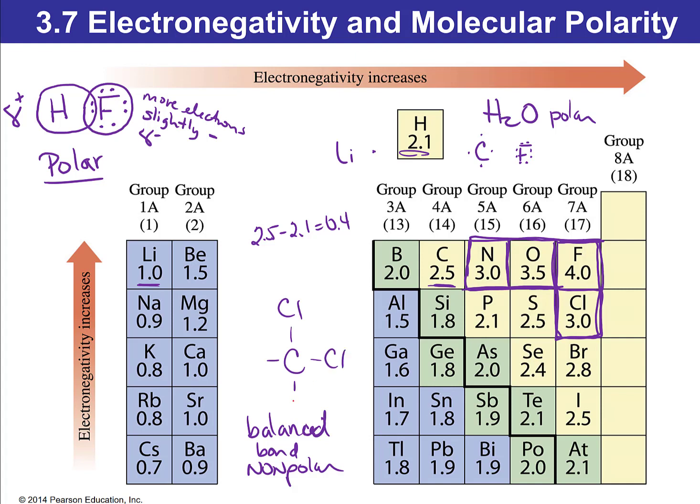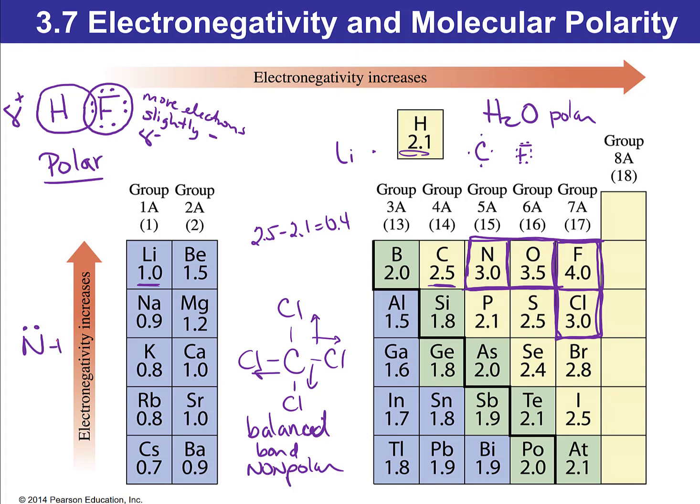So if we had this, they would pull the electrons away from the carbon, but you would have one above, one down, one to the right, one to the left, so they would be evenly arranged. That's a nonpolar molecule. They kind of negate each other or balance each other out in the charge. Carbon, if it has 4 of the same groups attached, is going to be nonpolar.